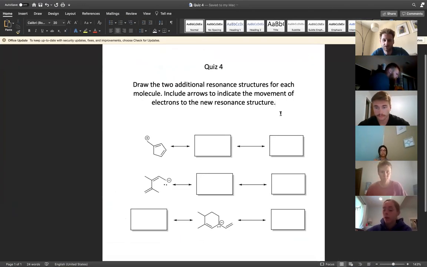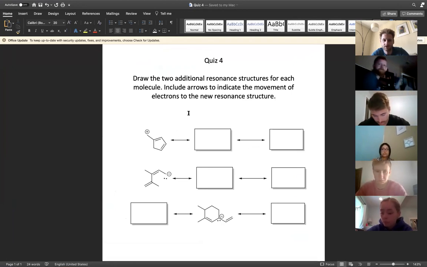So you'll be drawing resonance structures for these 3 molecules.